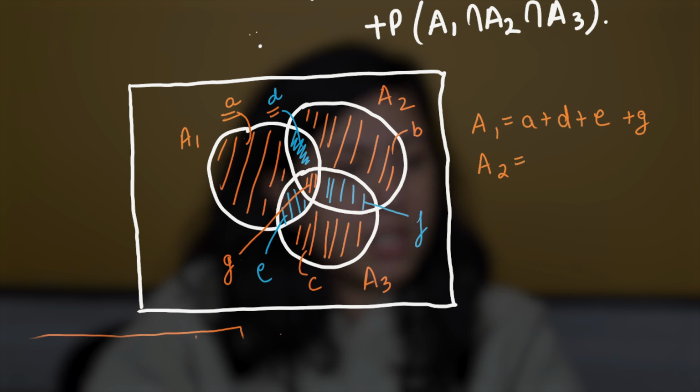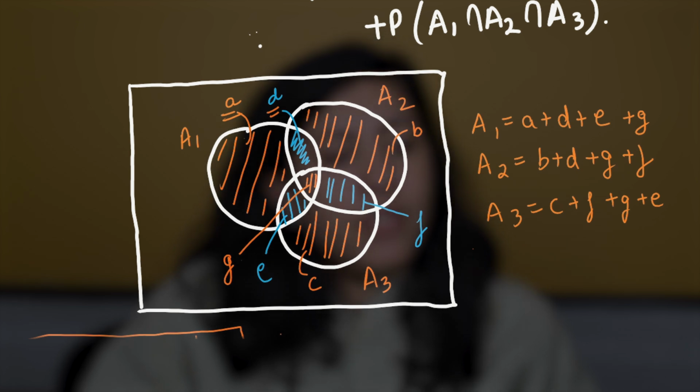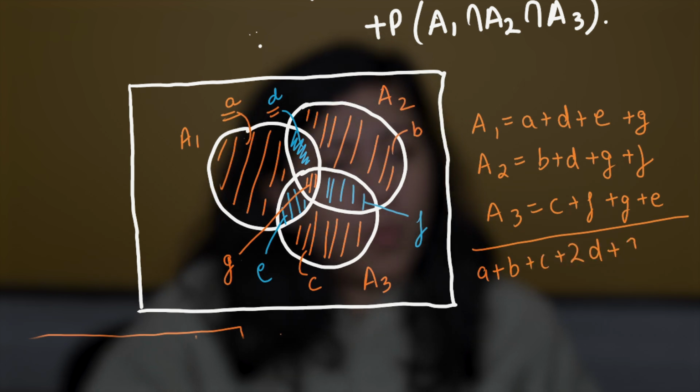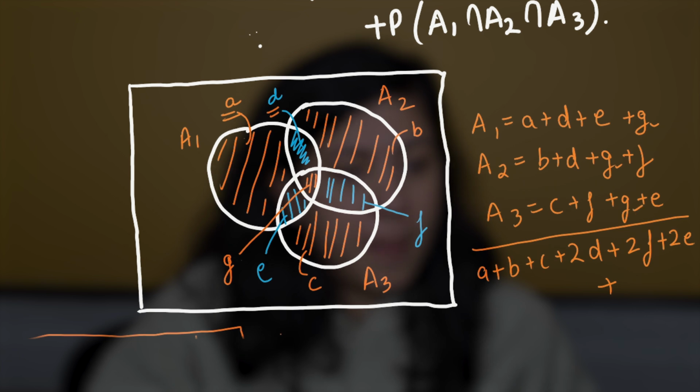A2 can be written as b plus d plus g plus f. And A3 can be written as c plus f plus g plus e. Now, if we add all these, we will get a plus b plus c plus twice of d plus twice of f plus twice of e plus thrice of g.